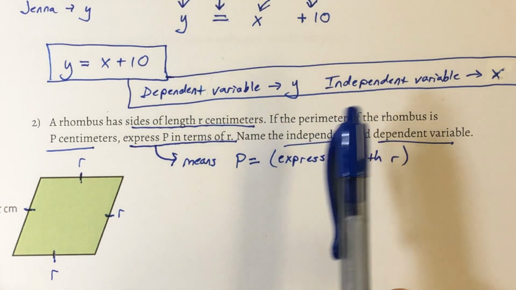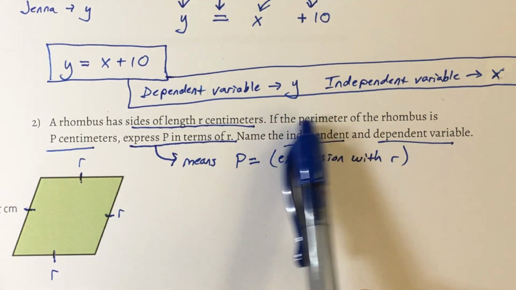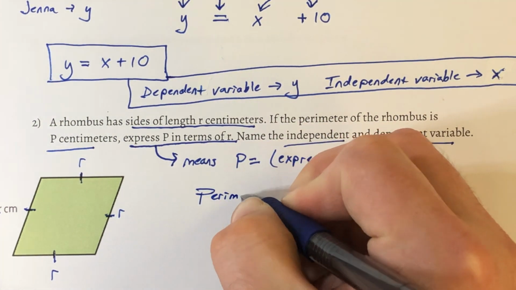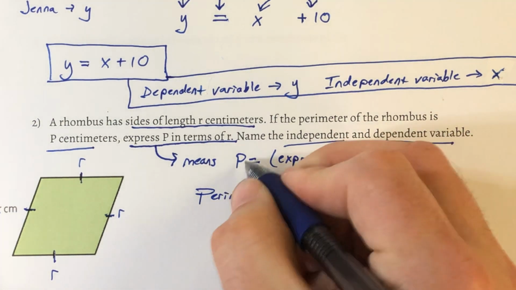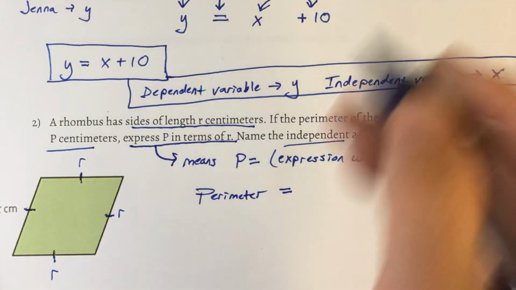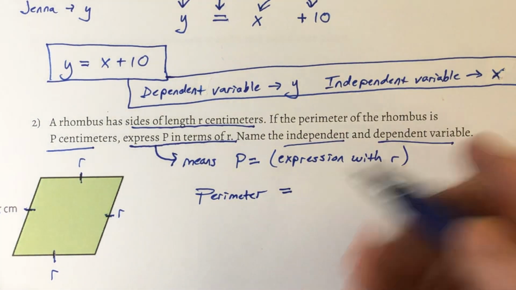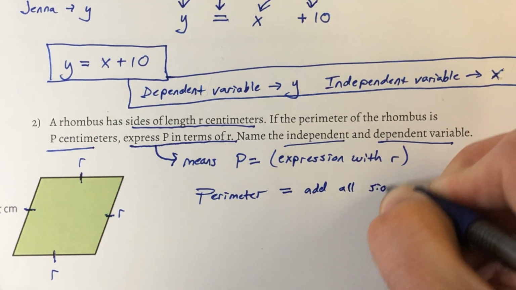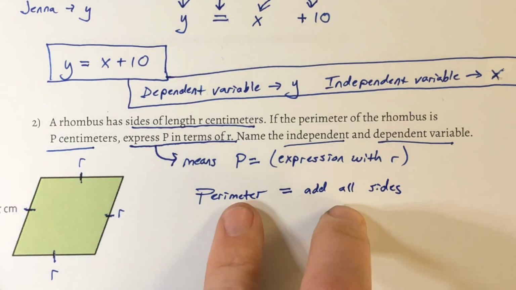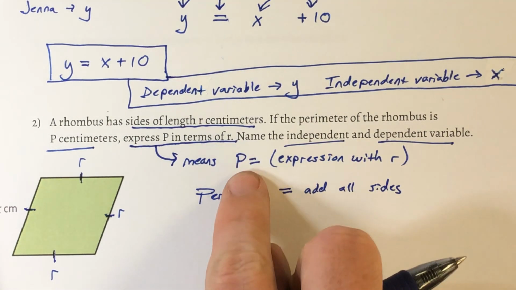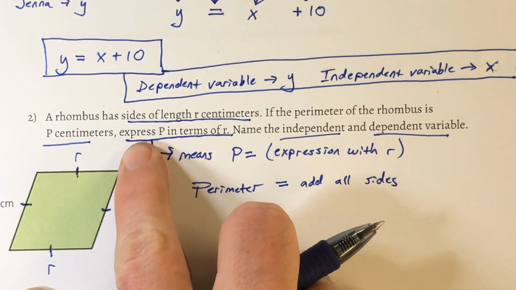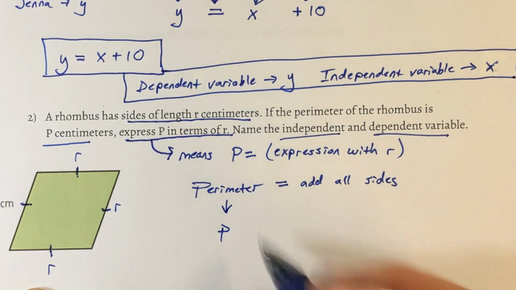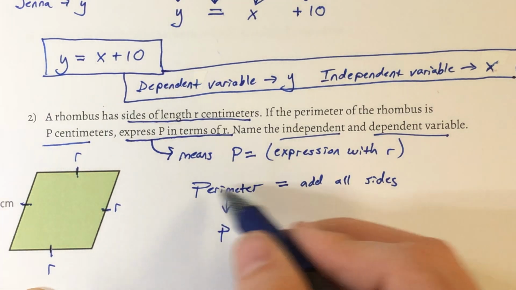All right, so let's find out what we're talking about. We want the perimeter of the rhombus. What is the perimeter going to equal? Well, it's going to equal adding up all the sides. All right, we're going to use this and translate it. So I already know, because of this phrase right here, express P, that I should start with capital P. And that fits with exactly what I just wrote.